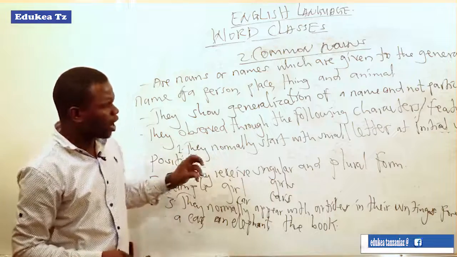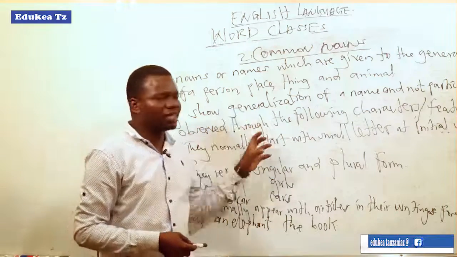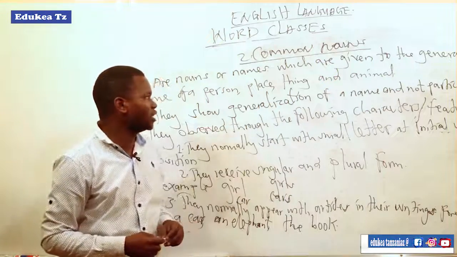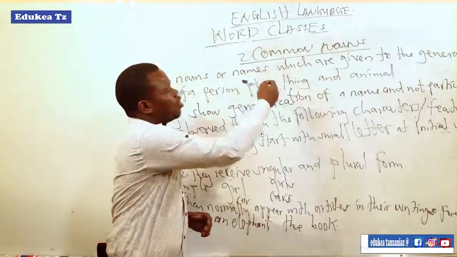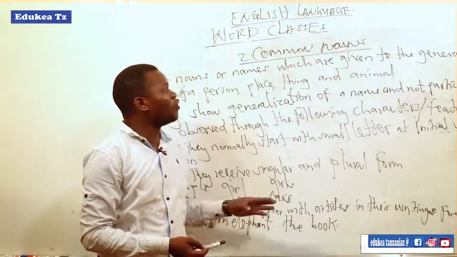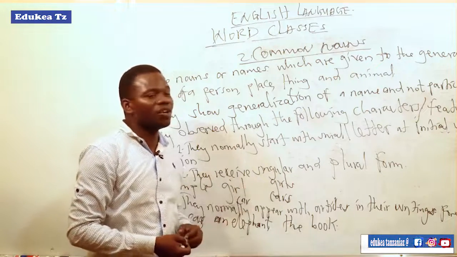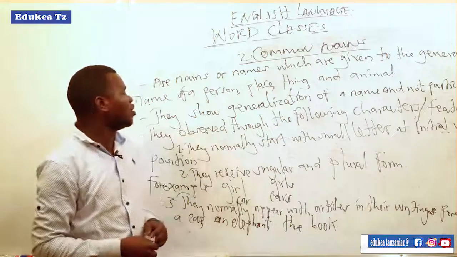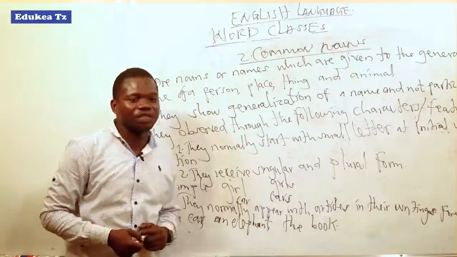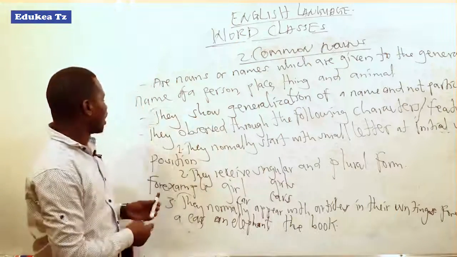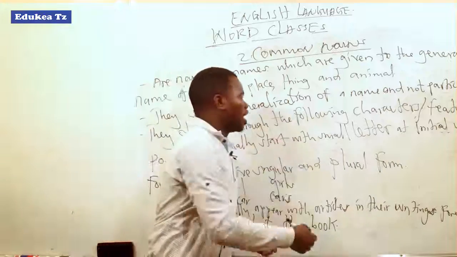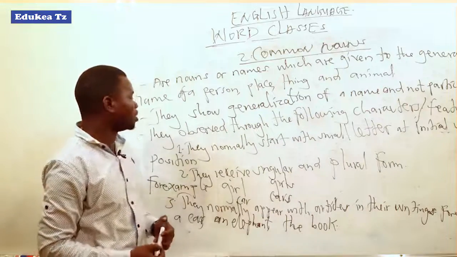In understanding them, another addition is that they are vice versa of proper nouns. So the contrast form of proper nouns is common nouns. Character 1: they normally start with a small letter at the initial word position.